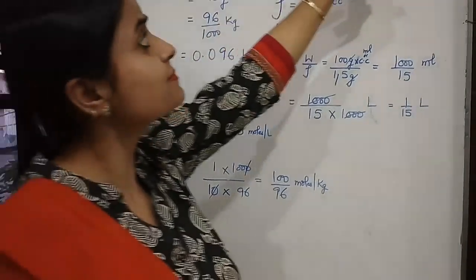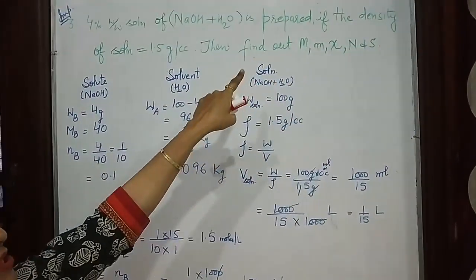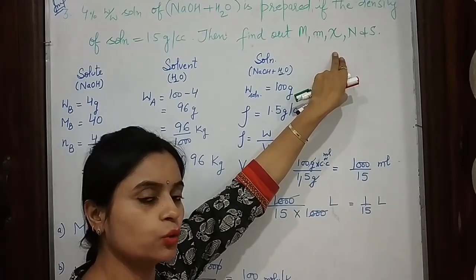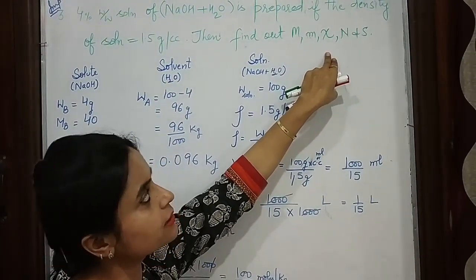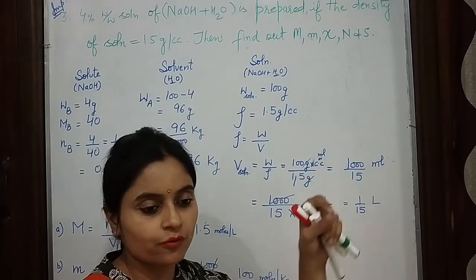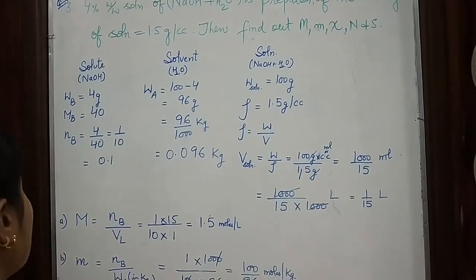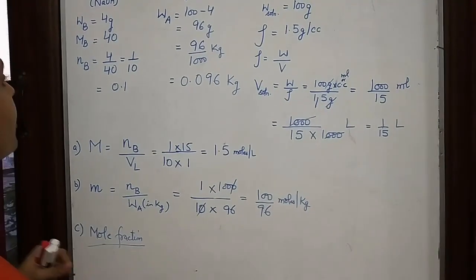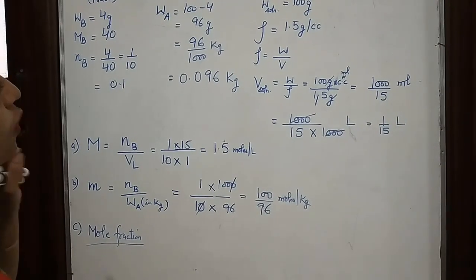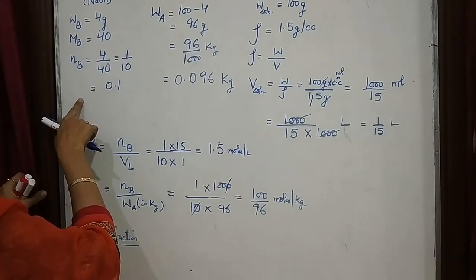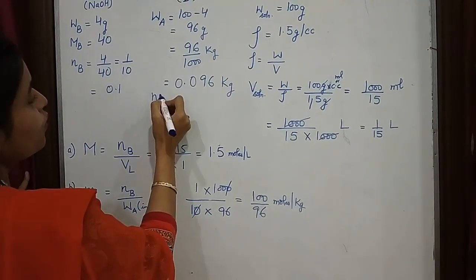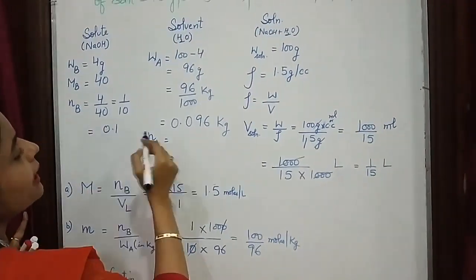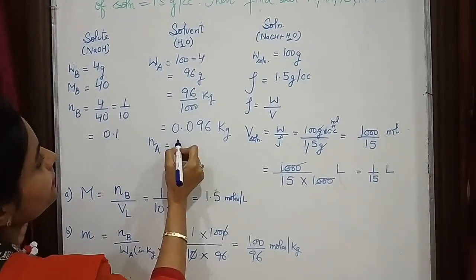Now third is mole fraction. Here nothing is mentioned. Whenever nothing is mentioned for mole fraction, it means mole fraction of solute. But if it is specifically mentioned that you have to find out the mole fraction of solvent, then you can also find out mole fraction of solvent. For mole fraction, we must know number of moles of solute as well as solvent. Number of moles of solute we know. Now what is the number of moles of solvent? Here solvent is water.